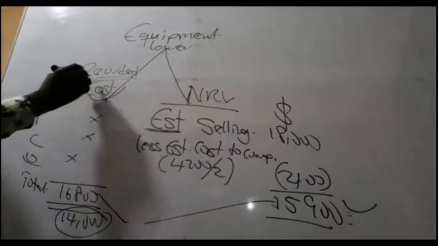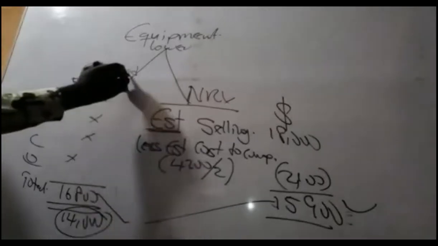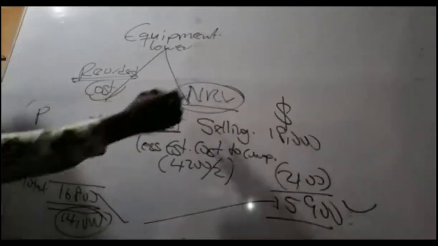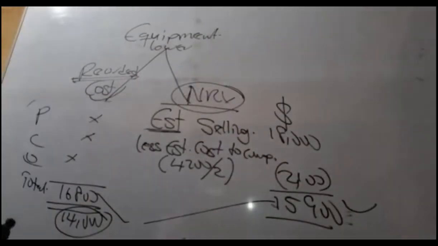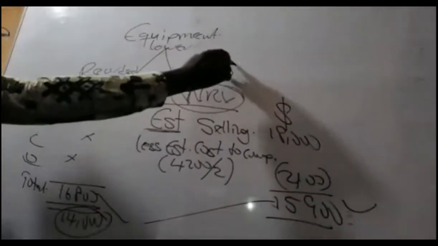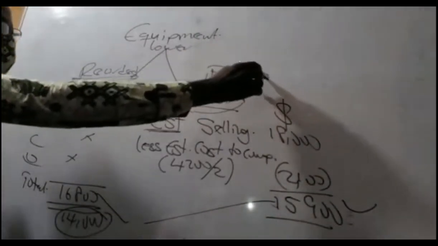For examination purposes, it is the one that you see in the trial balance. So the cost of inventory you see at trial balance is the cost. NRV, because it's an estimated figure, not actual, will not be on the trial balance. It will be where? A footnote.